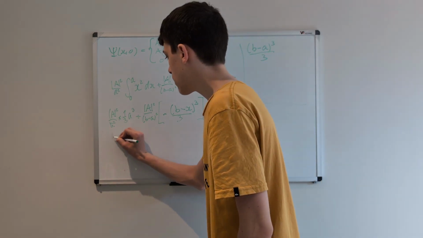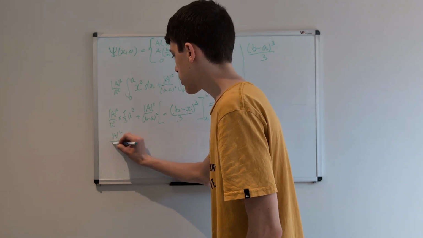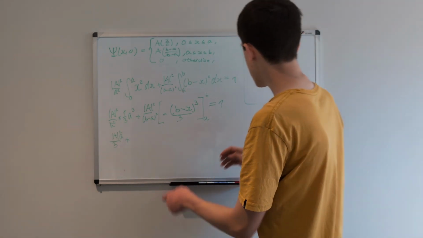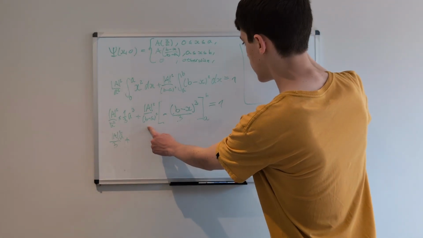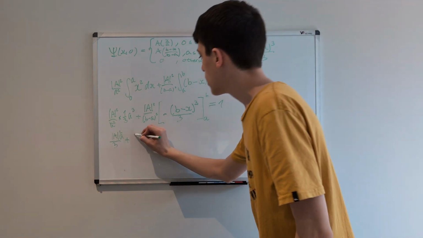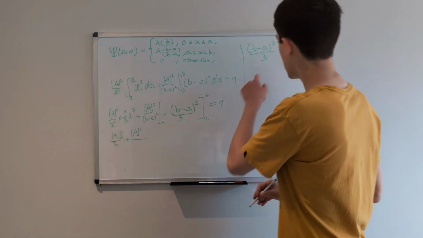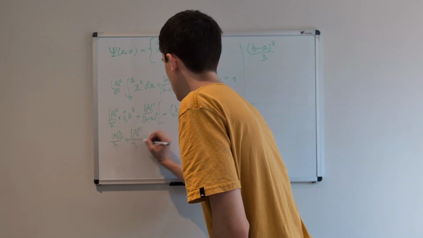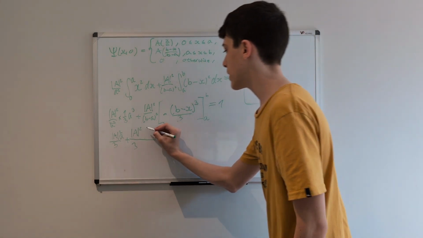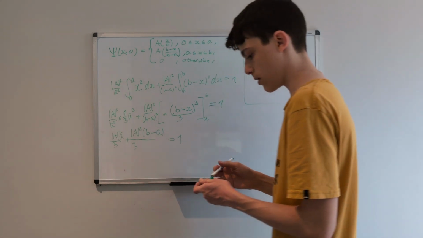So it'll be the modulus of A squared over 3 times a, plus, we're going to multiply this bit by this, which is going to cancel out, so it will just give us the modulus of A squared over 3 times (b minus a), and this should equal 1, right?